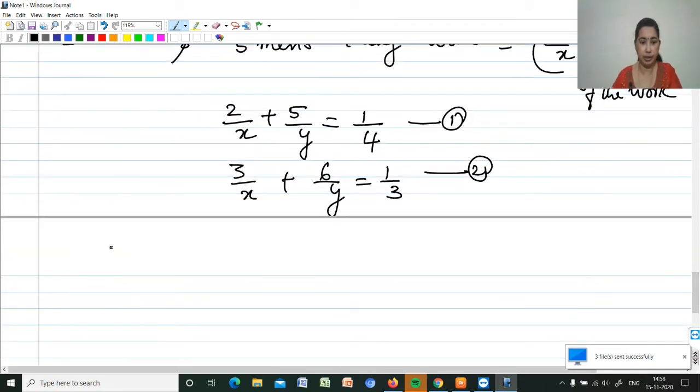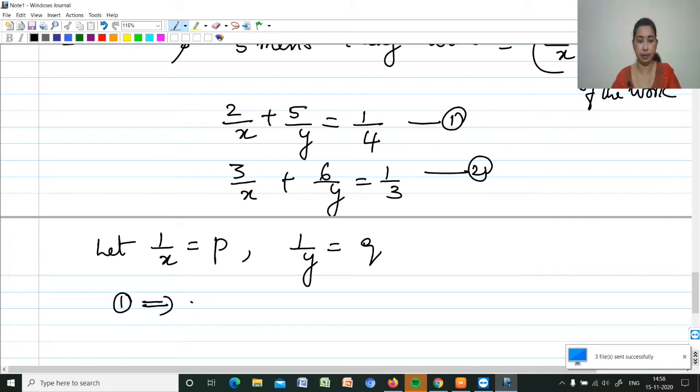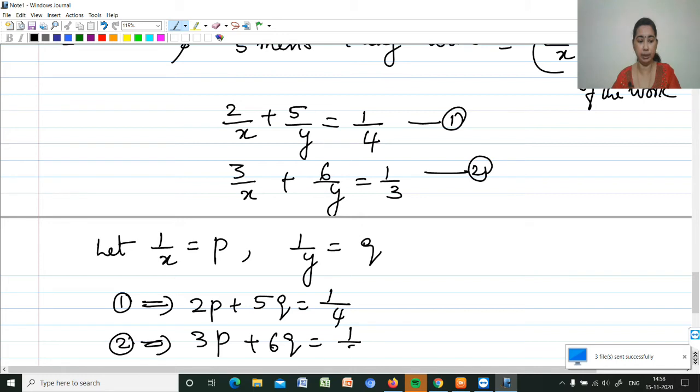For that, let 1 by x is equal to p and 1 by y is equal to q, so that the first equation can be written as 2p plus 5q is equal to 1 by 4, and the second equation can be written as 3p plus 6q is equal to 1 by 3.